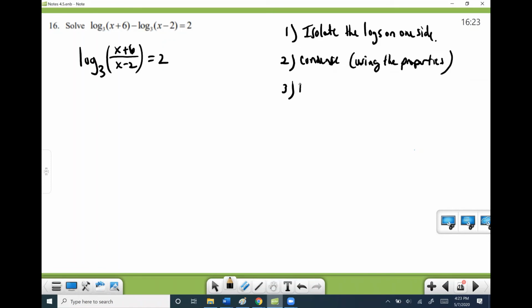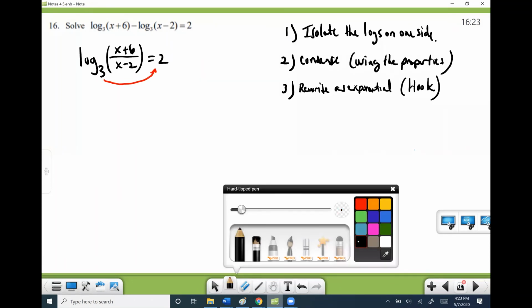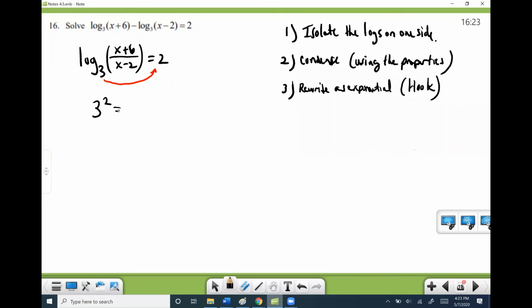Step 3, rewrite as an exponential. In other words, the hook. So use the hook. So we're going to go ahead and say that 3 to the second equals that stuff.